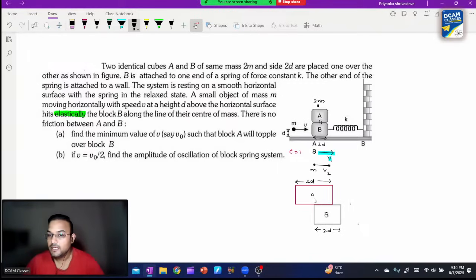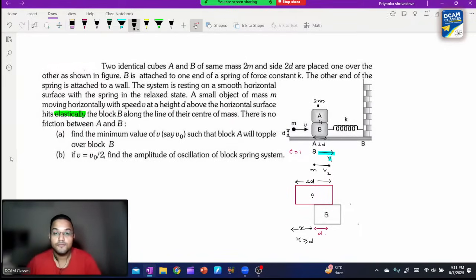When B moves by a distance d, meaning it comes halfway, there will be a situation when A will try to topple down. When this distance x becomes greater than or equal to d, A will topple down.